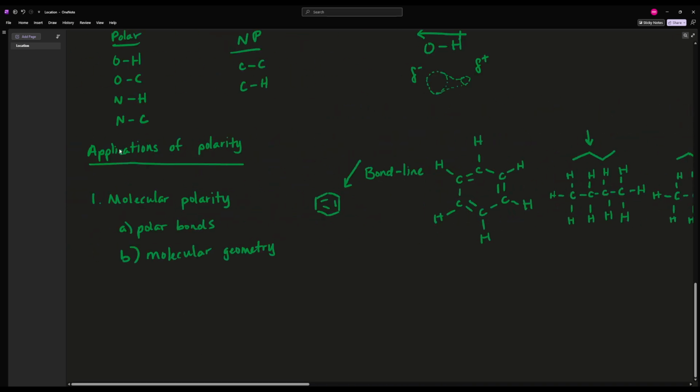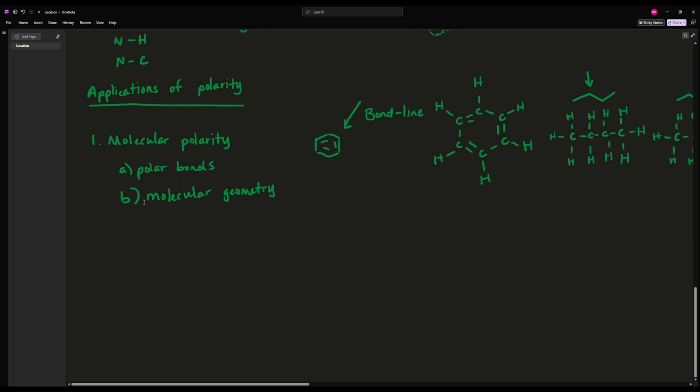All right, returning back to our applications of polarity. We now have molecular polarity, so we have nonpolar and polar molecules. However, we can also describe these in a different way. Polar molecules can also be classified as hydrophilic, meaning they love, philic, water, hydro.